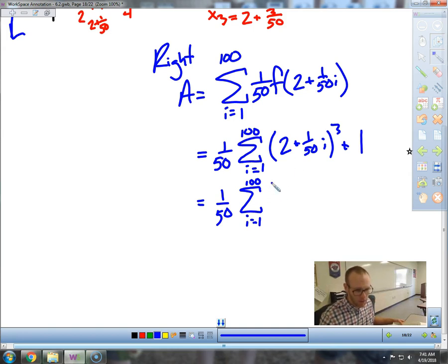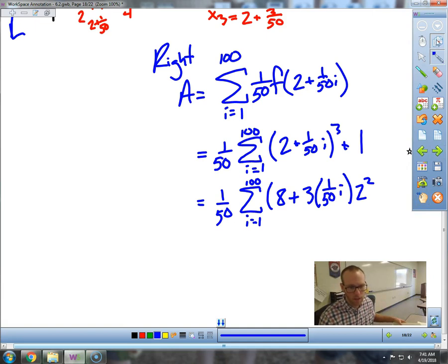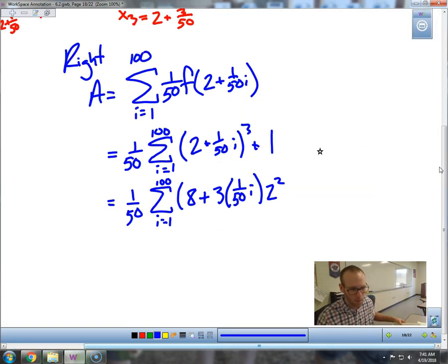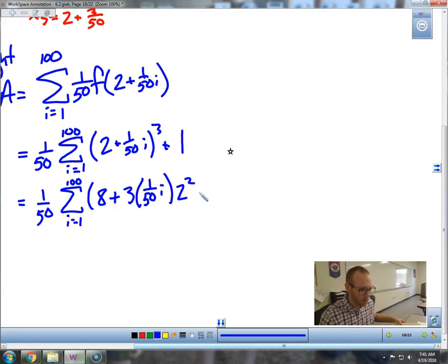It's x cubed, which is 8, plus 3ax squared. I think I'm just going to come back instead of trying to do that one step. I'll come back and figure out what that is.